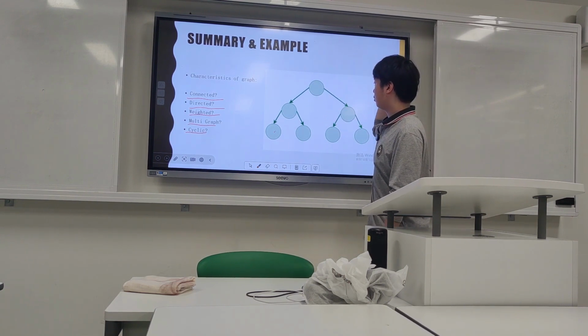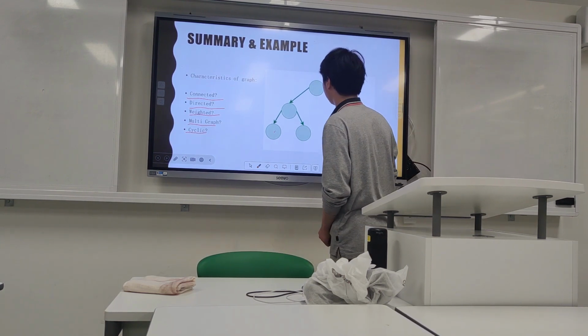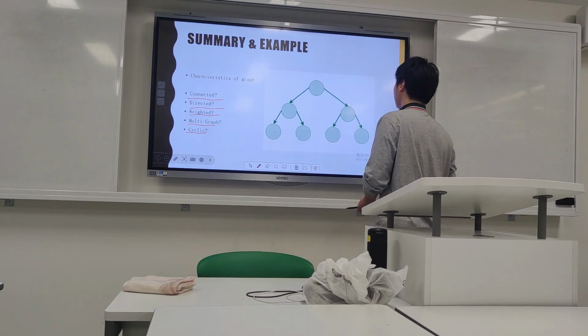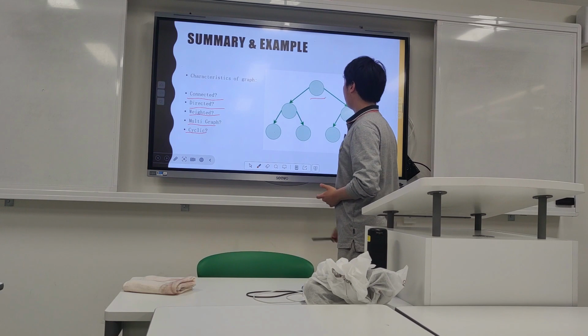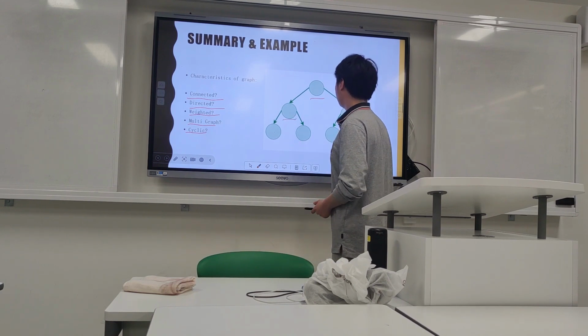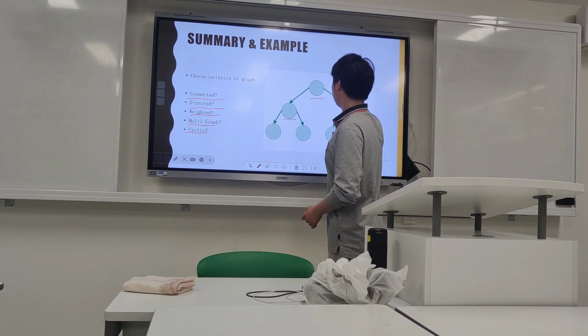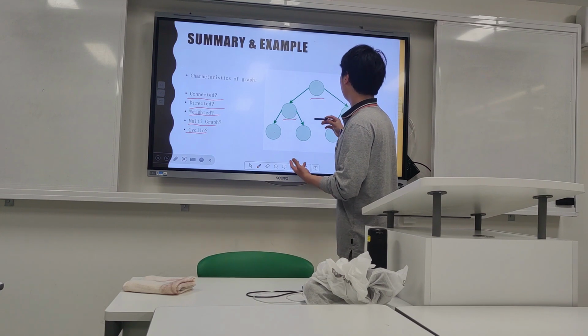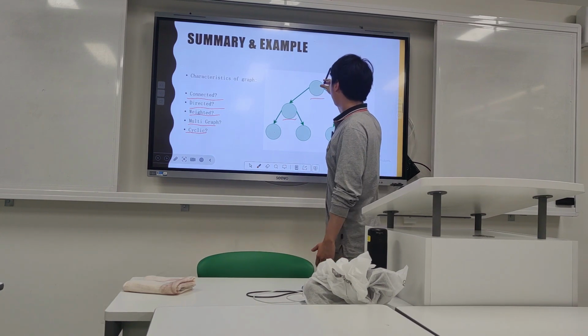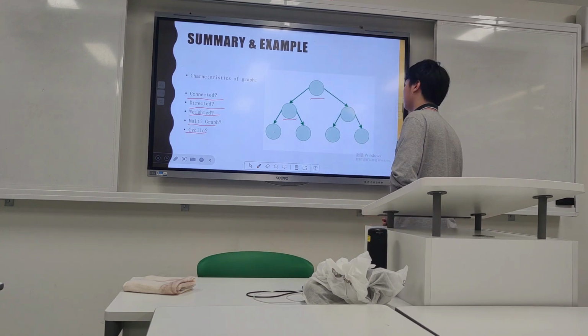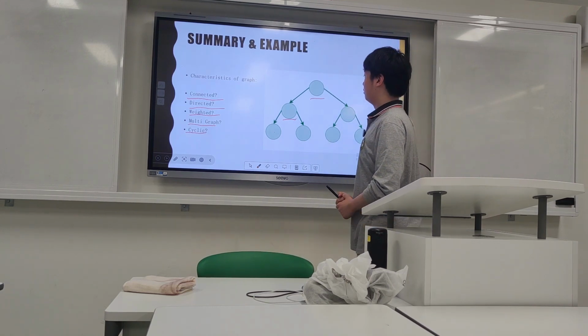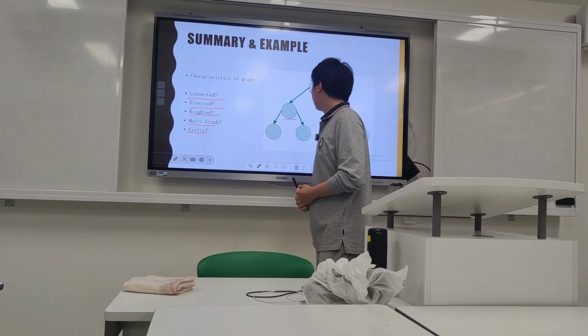And directed. In a tree graph, it is directed because the relationship between the father node and the child node is usually directed. So you will get from the father node to the child node. However, it can also be non-directed. It depends on circumstances.